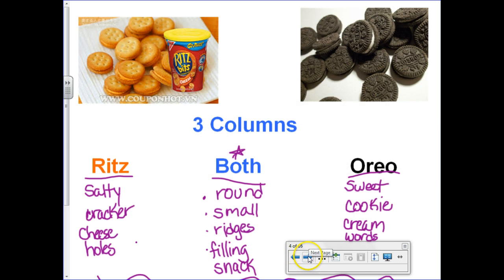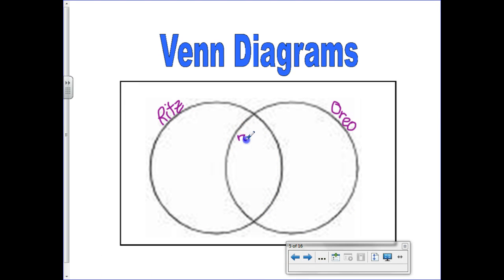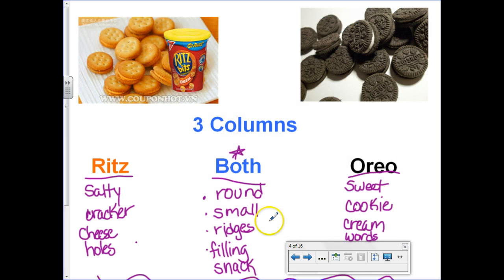Let's see, in the both column we had round, they were both small, they had some sort of ridges on them, they each had a filling, and I think I had something about it being some sort of snack, filling and snack. Okay.